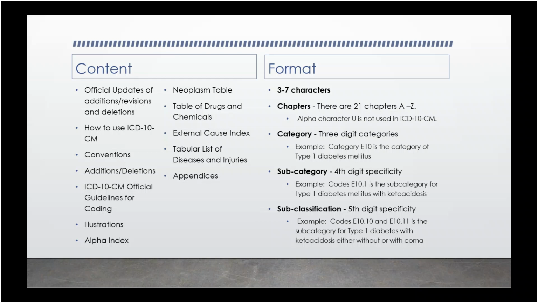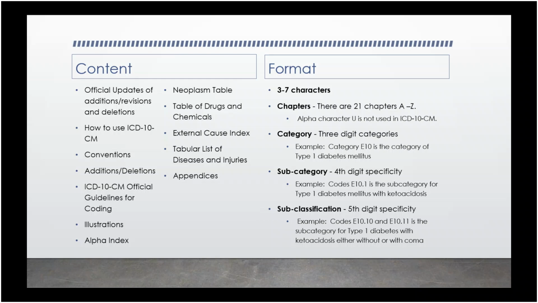The conventions, additions, deletions. So what's new this year? What have they deleted? If, for example, you are having to pay for your own resources each year, you're going to want to look at the additions and the deletions that are available through CMS and through your publisher, to determine how many updates have been done.